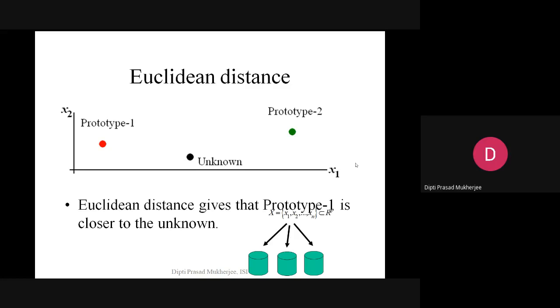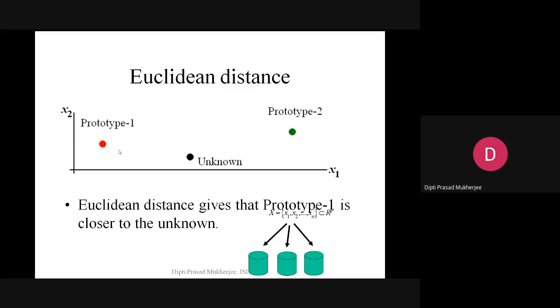What do x1 and x2 represent? Features, exactly. And what do prototype 1 and prototype 2 represent? Samples. Like? That is the train samples.